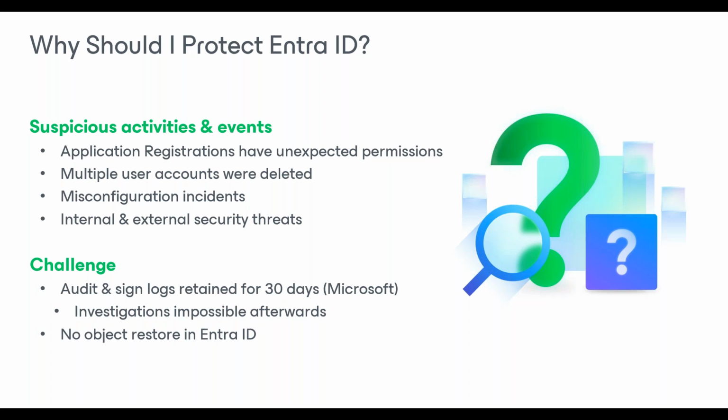First thing, application. If an application registration has unexpected permissions assigned, it can result in the application accessing data or even performing actions beyond what is strictly necessary for its intended functionality, and even potentially leading to a security and privacy risk.